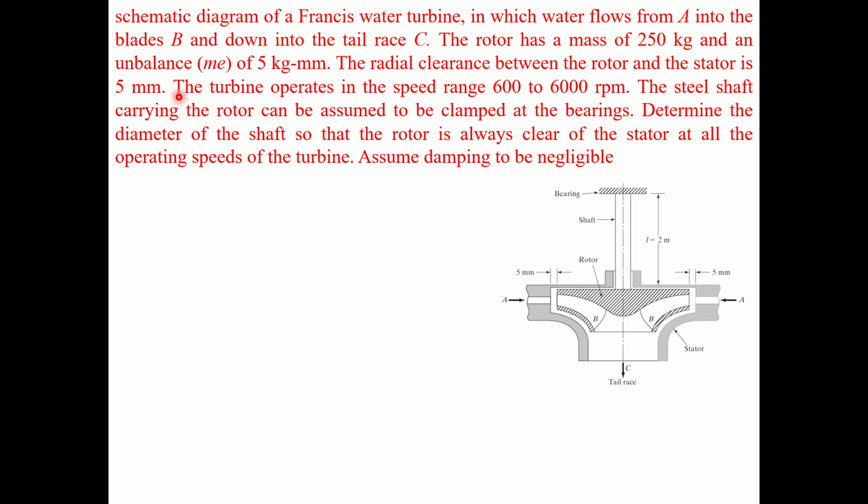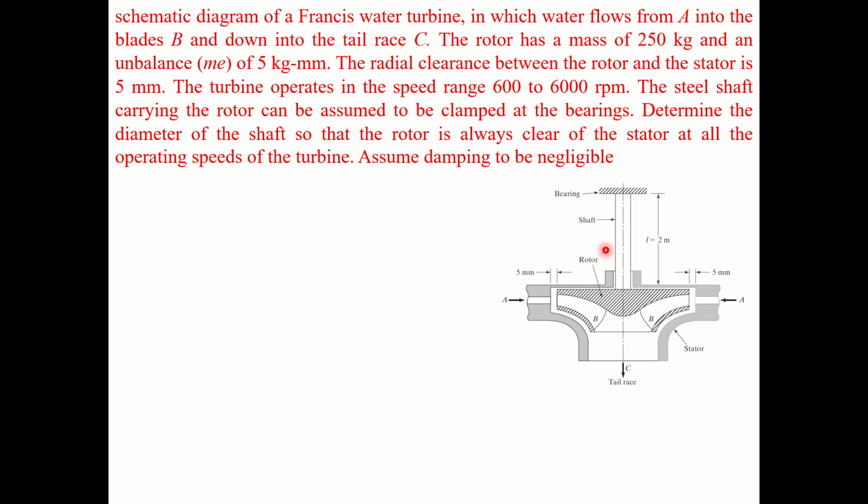The steel shaft carrying the rotor can be assumed to be clamped to the bearings. Determine the diameter of the shaft so that the rotor is always clear of the stator at all operating speeds of the turbine. Assume the damping to be negligible, so it is an undamped system; the damping constant c is not there.